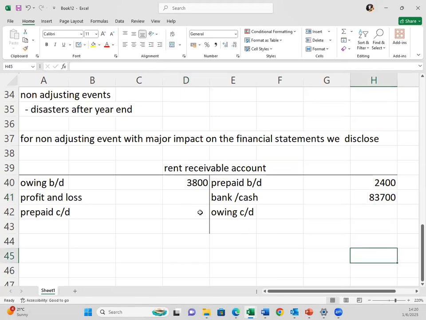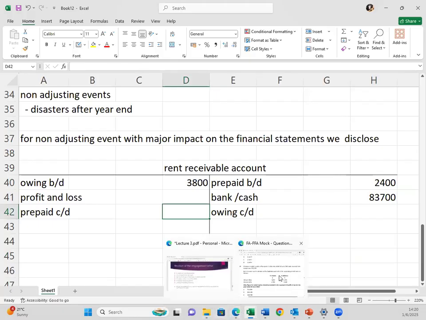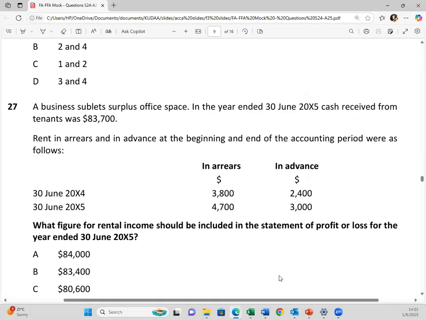Then from there, we move on to our closing balances. So we have 4.7 for accruals and 3,000 for prepayments.